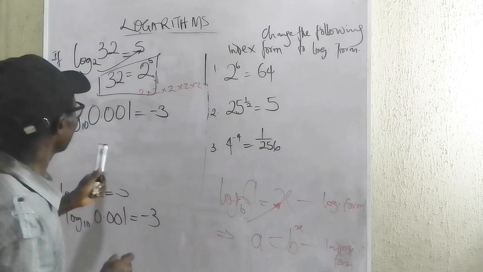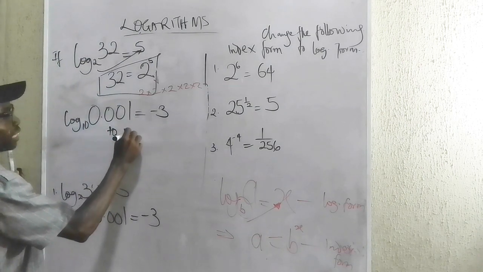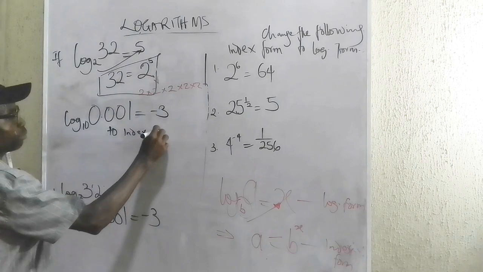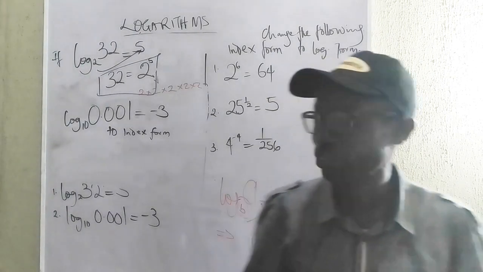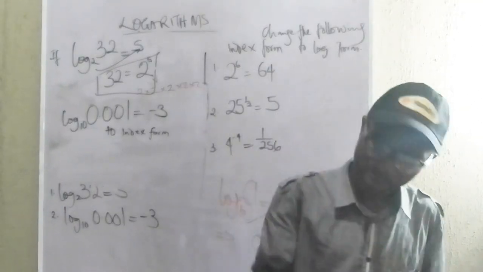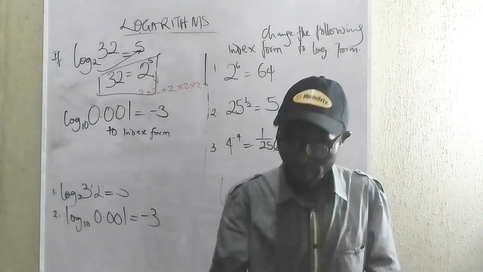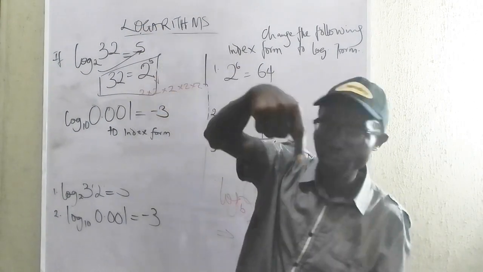So how do we turn it to index form? You go back to the definition. The log of a number to a particular base is the number of times the base will be raised to give that number.